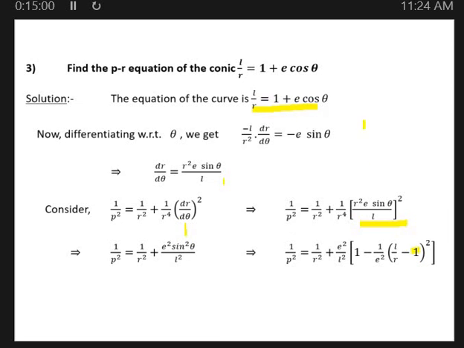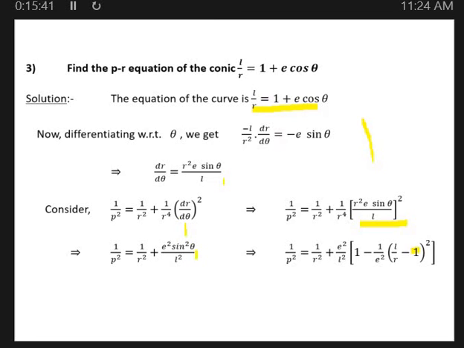See, this we have taken from the given equation. In the given equation, we have l by r is equal to 1 plus e cos theta. So by equating to cos theta, we get cos theta is equal to l by e into 1 by r minus 1. Cos square theta means whole square of that, and sin square theta is equal to 1 minus cos square theta.